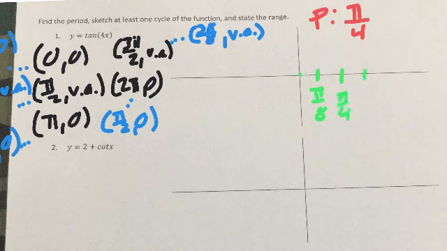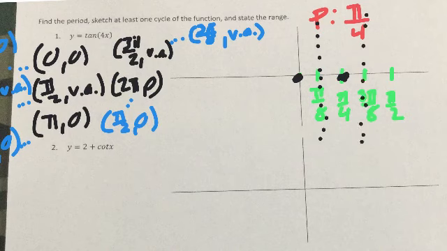The next one would be 3 pi over 8, 4 pi over 8, which is pi over 2. Okay, we can stop there. So at 0, I've got the point 0. At pi over 8, I now have a vertical asymptote. At pi over 4, I've got the point 0. At 3 pi over 8, I now have a vertical asymptote. At pi over 2, I've got the point 0.